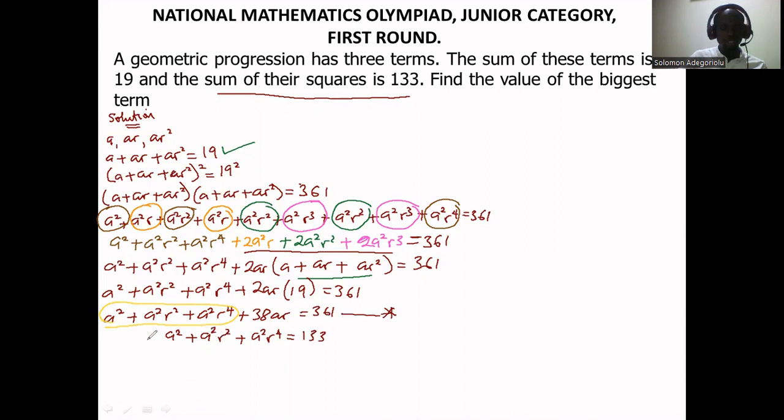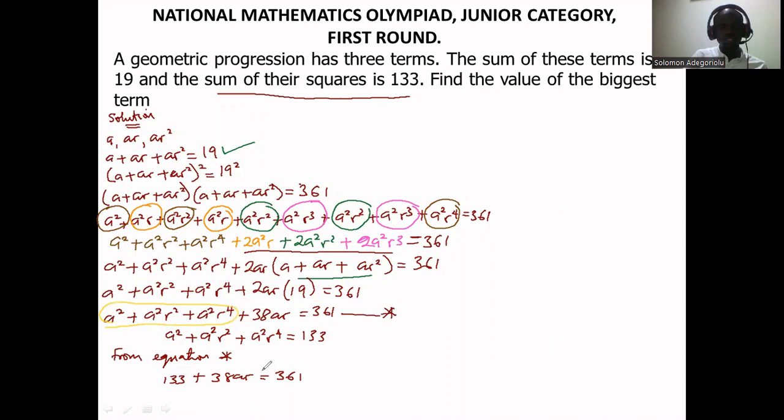So from this equation asterisk, that's going to be 133 plus 38AR is equal to 361. Let's take 133 here to this side. We subtract it from 361.